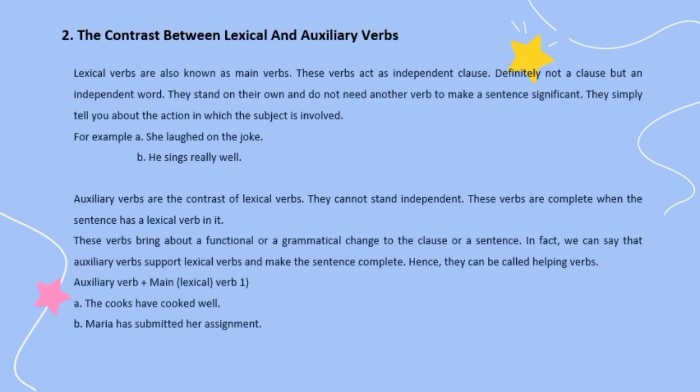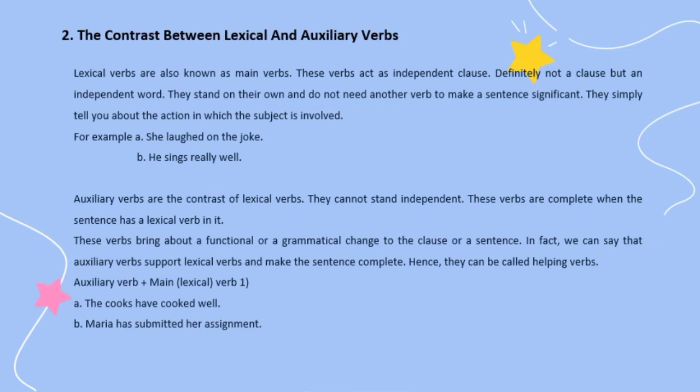Auxiliary verbs are the contrast of lexical verbs. They cannot stand independently. These verbs are complete when the sentence has a lexical verb in it. These verbs bring about a functional or grammatical change to the clause or sentence. In fact, we can say that auxiliary verbs support the lexical verb and make the sentence complete.